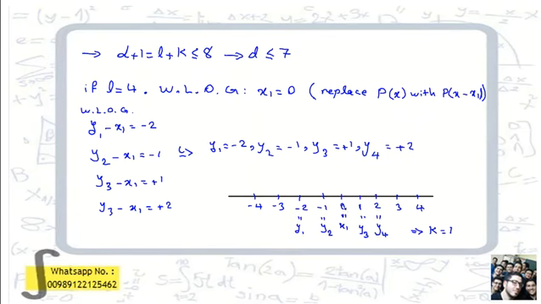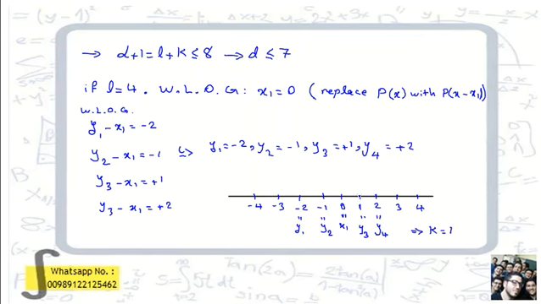Now, p of 0 equals 1, x1, and we know that if, for example, L equals 4, without loss of generality, we can consider y1 through y4 as minus 2, minus 1, plus 1, plus 2. So y1 equals minus 2, y2 equals minus 1, y3 equals 1, and y4 equals 2. So this is x1. Now if K is greater than 1, we want to consider x2.